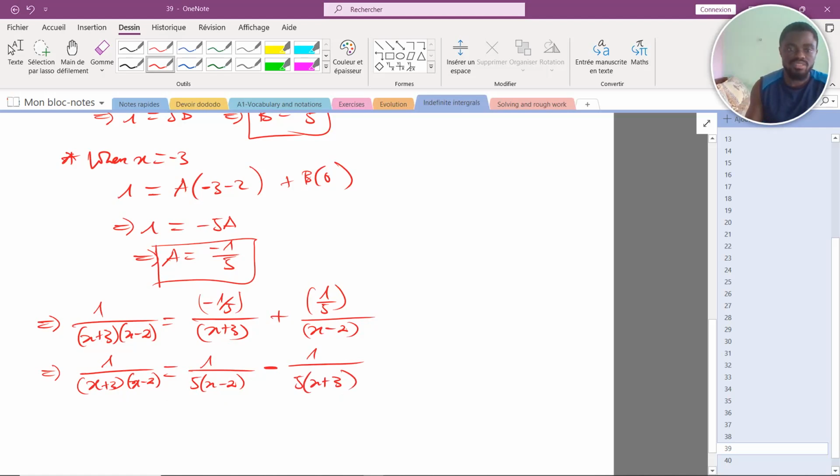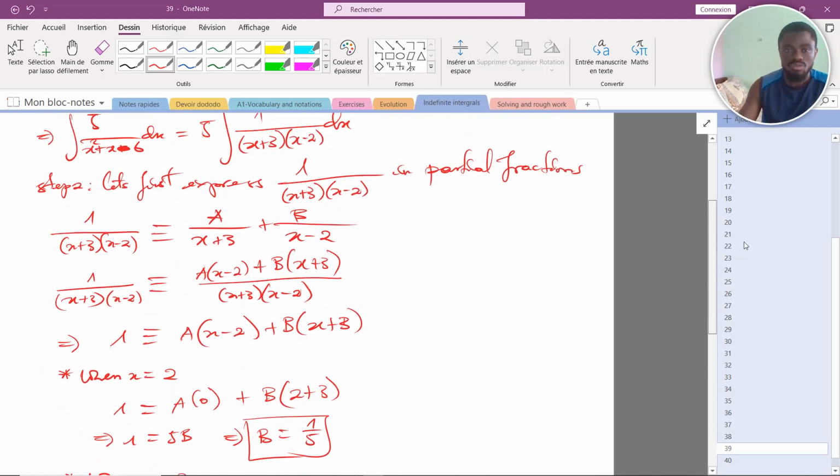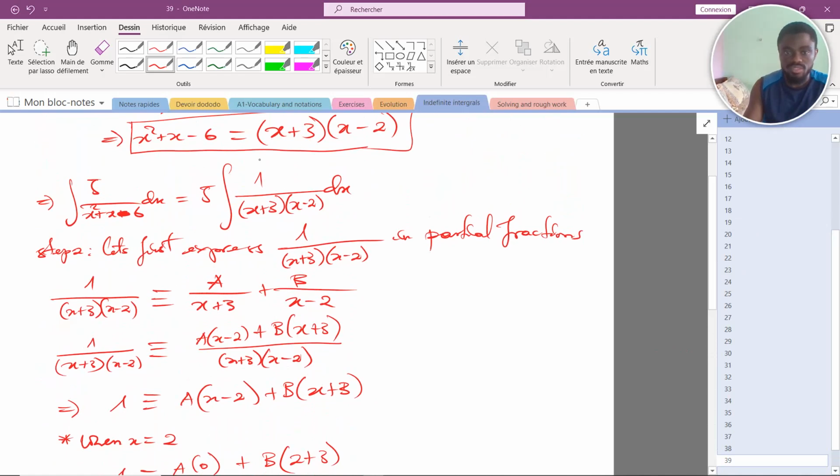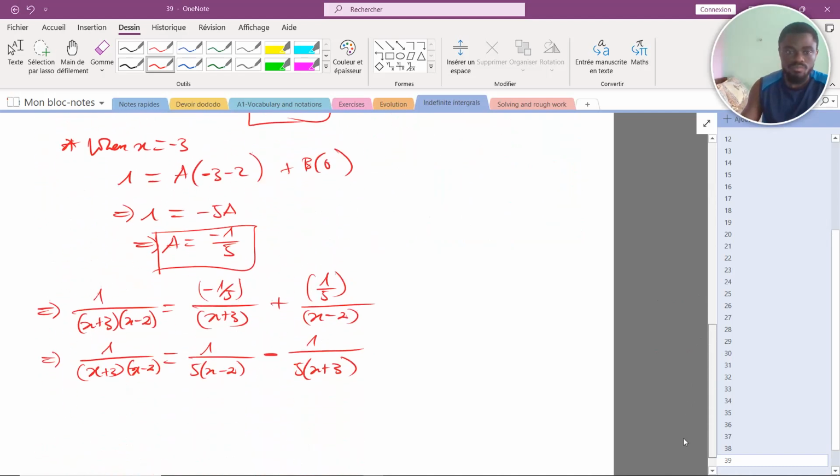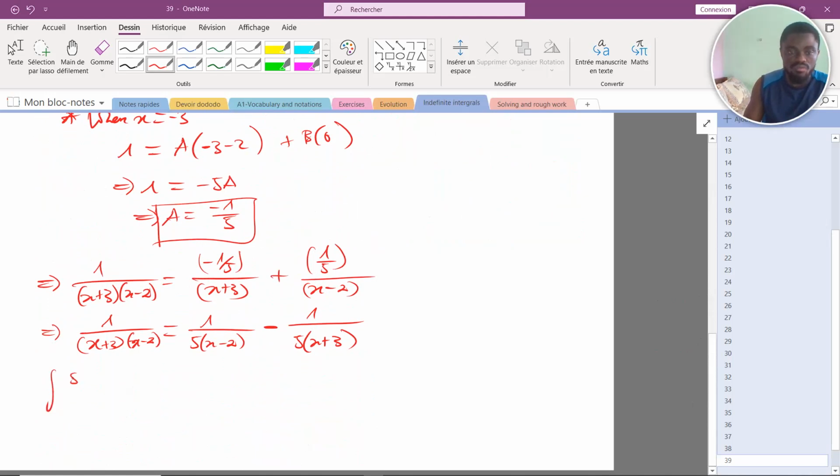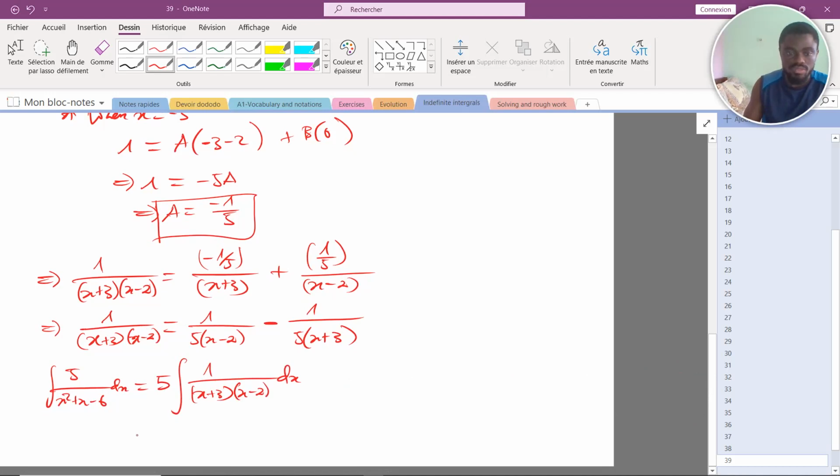So we have already expressed this in partial fraction. Don't forget that this is where we ended. Don't forget this 5 outside. So be very careful. So the integral of 5 all over x squared plus x minus 6 dx, which was equals to 5 into the integral of 1 all over x plus 3 into x minus 2 dx, will be equals to, I will just substitute this by this because this is the partial fraction we just had.